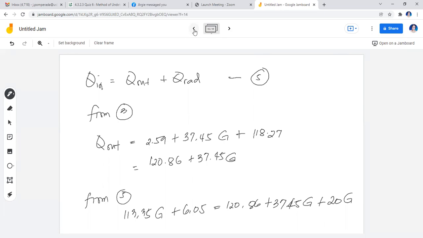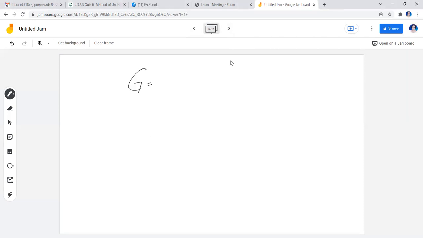Okay, my G is 2.054. Correct. 2.054. So this is kilogram dry air. This is our first unknown.